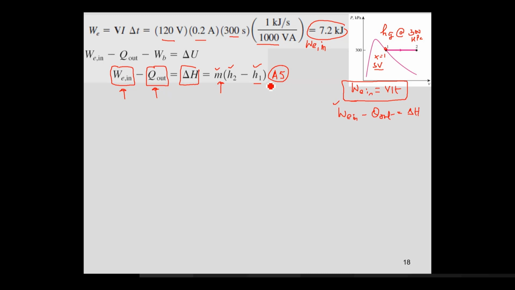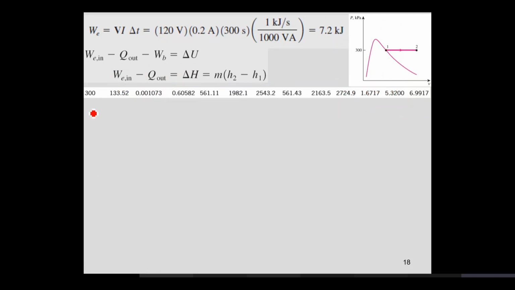Yes, sir. So if you go to the table A5 for 300 kilopascal, you would see the enthalpy value Hg. This is for saturated vapor, and your state is saturated vapor at state 1. So you can find out the value of H1 as Hg against 300 kilopascal.